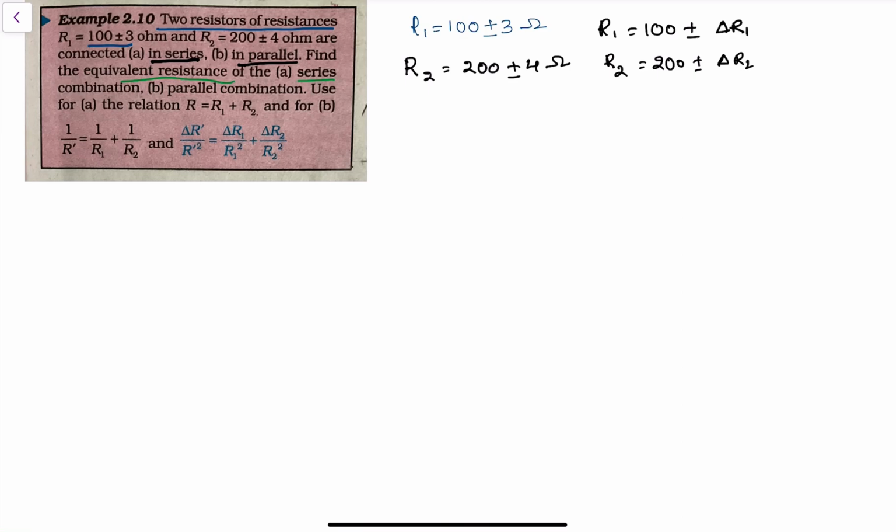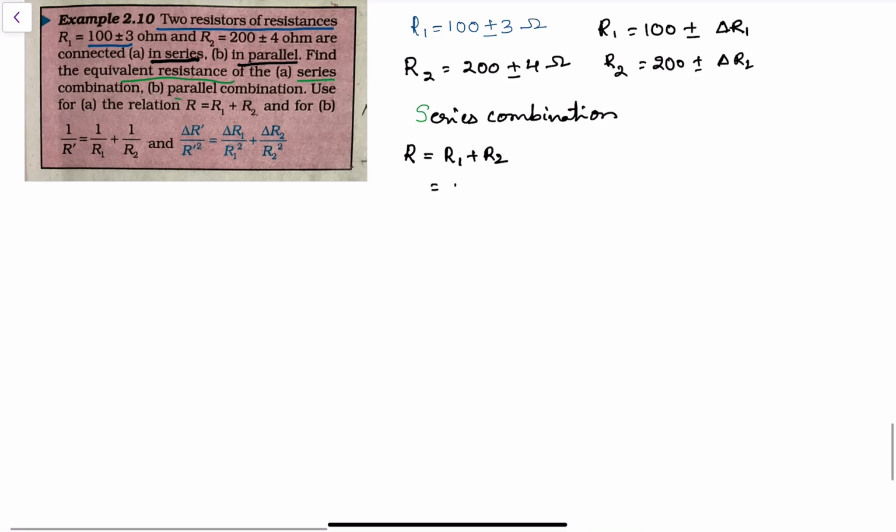First, series means, for parallel combination use the relation: 1 by R dash is equal to 1 by R1 plus 1 by R2. Right. Series combination, the effective resistance, let us write R is equal to R1 plus R2.